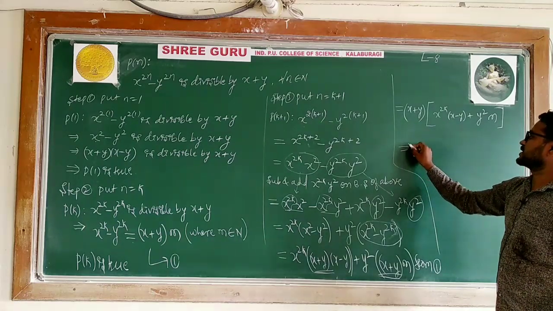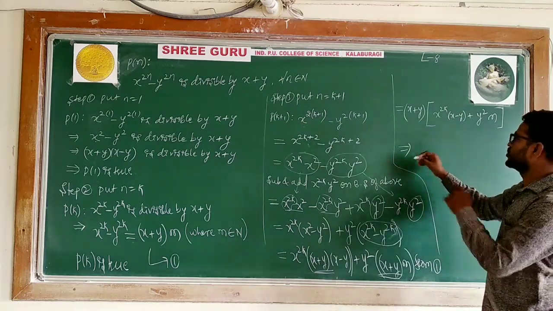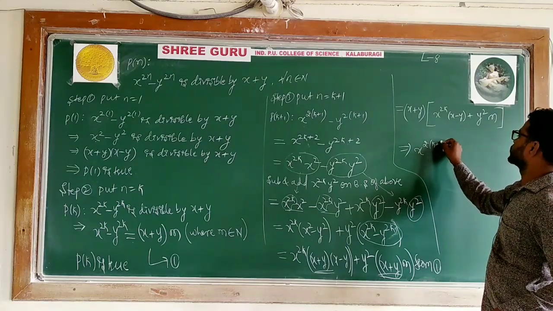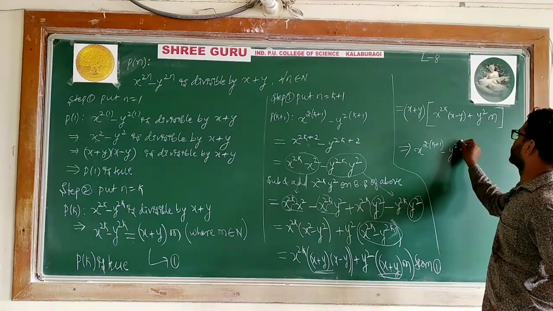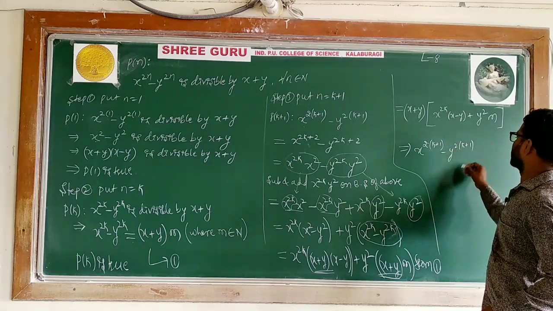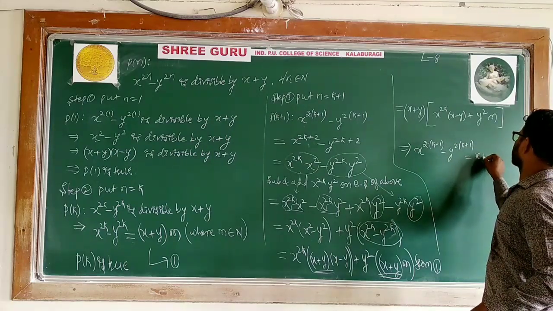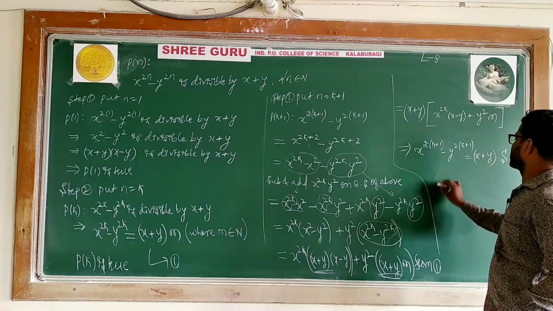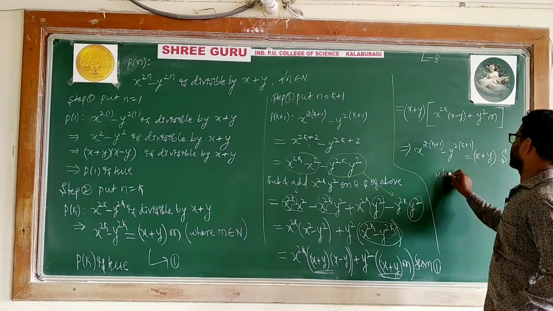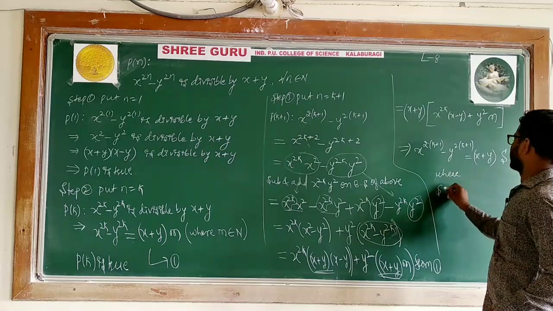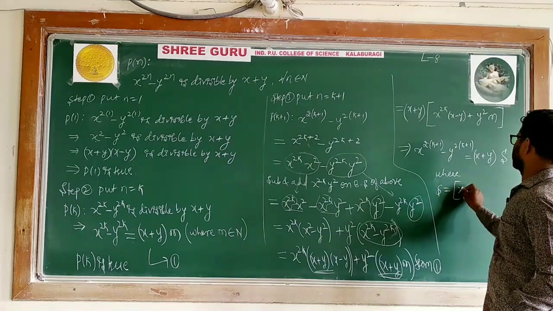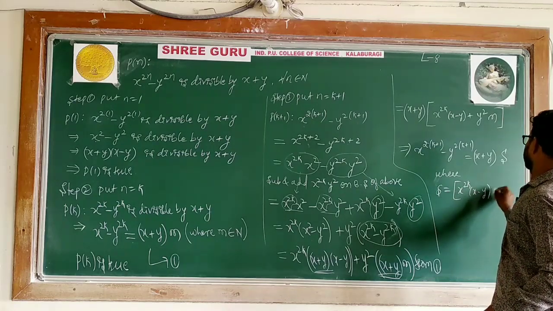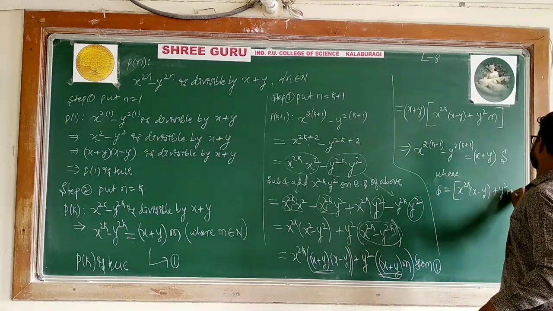It implies that x to the power 2 into k plus 1 minus y to the power 2 into k plus 1 is equal to x plus y into s. What is s? Here s is the big bracket: x to the power 2k into x minus y, plus y square m.